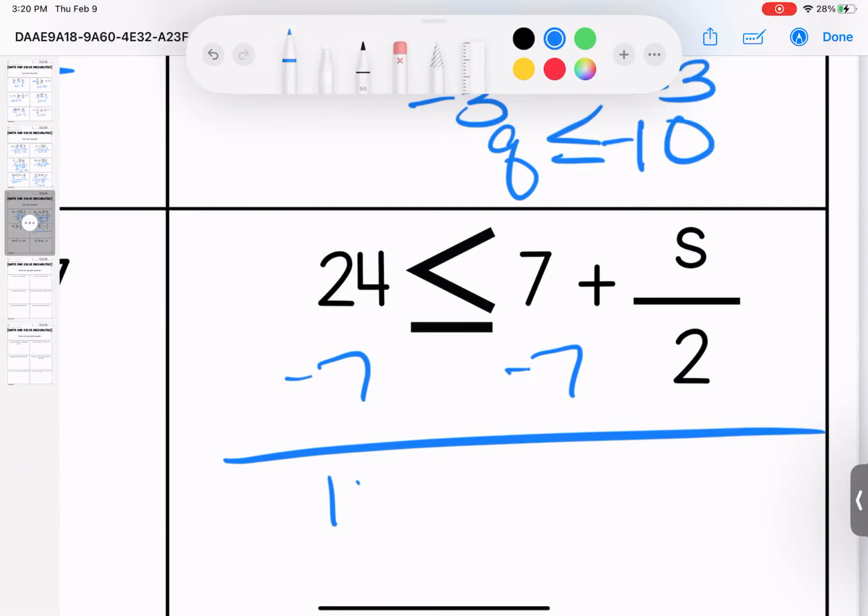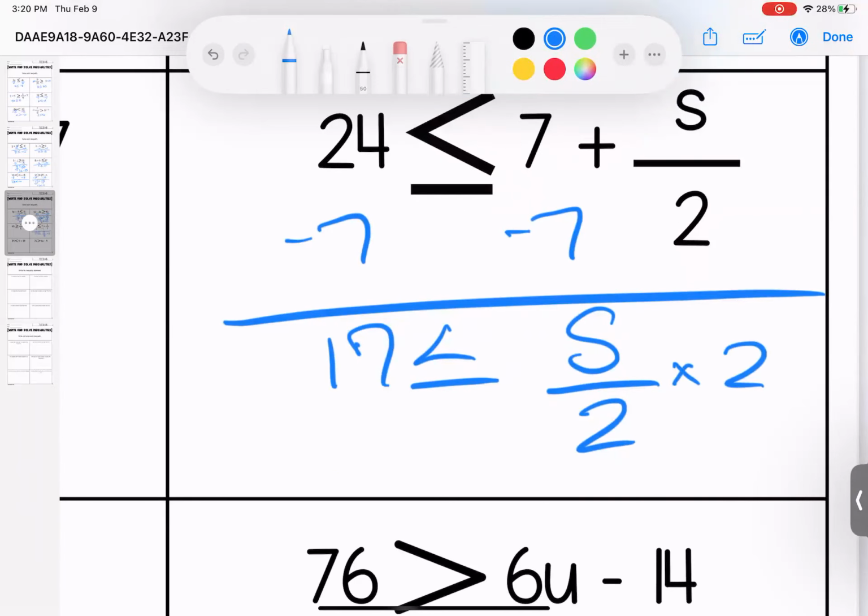When I do that, I get 17. Leaves me with s over 2. Multiply both sides by 2. When I do that, I am left with 34 is less than or equal to s.